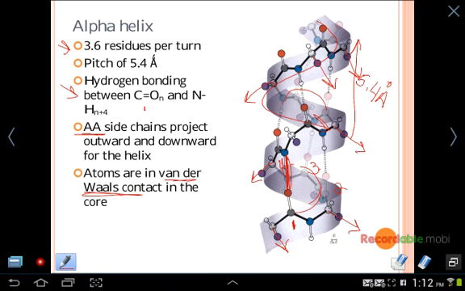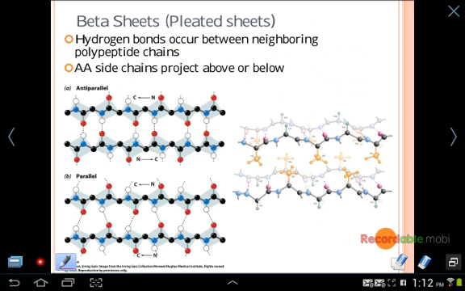the alpha helix structure. Another common secondary structure is the beta sheet, also sometimes referred to as pleated sheets. These occur when you get hydrogen bonding between neighboring polypeptide chains, and that can occur in either anti-parallel, where the N-terminus to C-terminus directionalities are inverted, or in parallel, where the directionality from the N-terminal to the C-terminal is in the same direction.